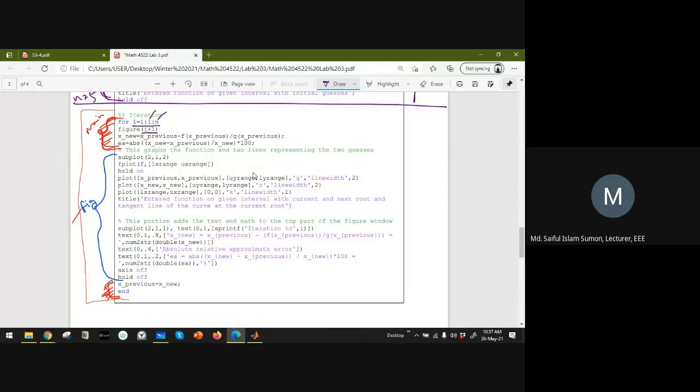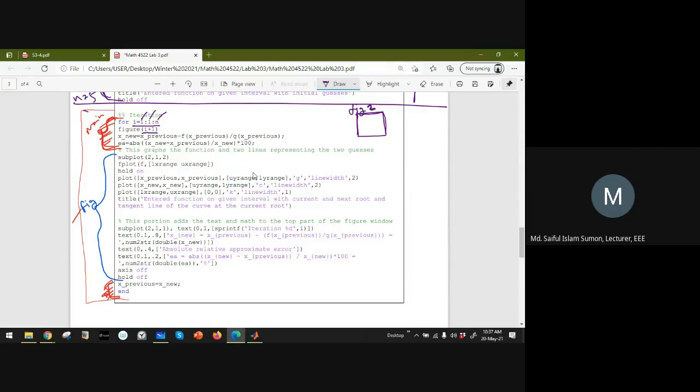What will it do? Whenever it comes to this loop, the first figure will be figure number how much? Can anyone tell? First figure will be figure number 1. Oh, sorry, my bad. It is i plus 1 and first i is 1. 1 plus 1, figure number 2.